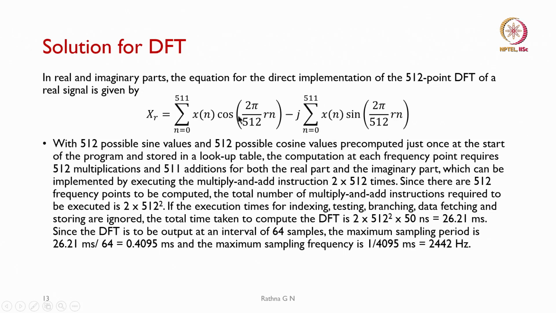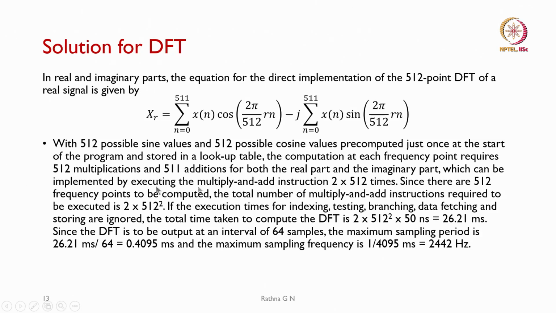That is, we have split our e to the minus j into cosine and sine functions. This involves 512 possible sine values and 512 possible cosine values that are pre-computed. So, we are not taking the computation time of it because we have kept it in the lookup table.